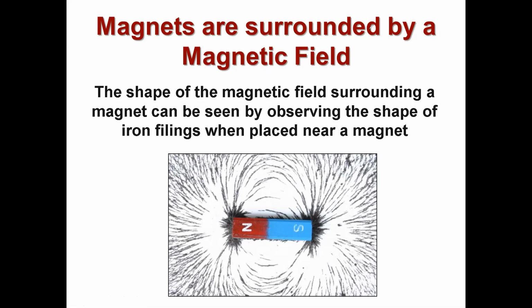They tell us about the shape of the lines. They come like a curve out from the north and into the south. So how do they know the shape of the magnetic field? They bring iron filings to tell us how the magnetic lines will be.